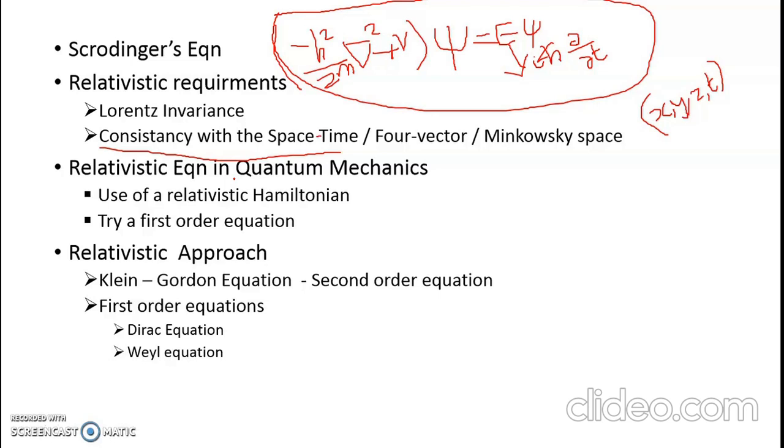Making a first look at the search for a relativistic wave equation, the first approach is the use of a relativistic Hamiltonian.